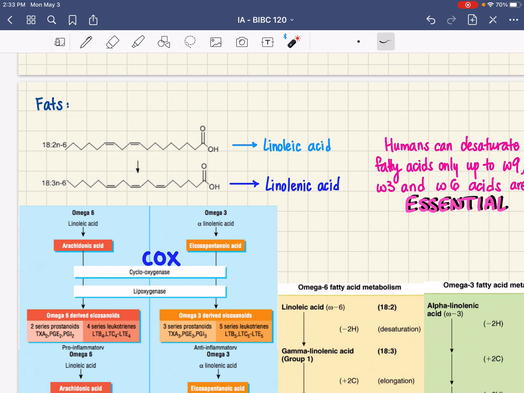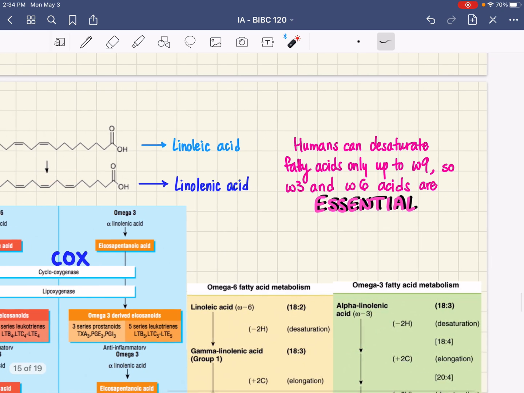And there are 2 essential fatty acids that the human organism cannot make, and those 2 essentials are linoleic acid, which has 2 unsaturations, and linolenic acid, which has 3 unsaturations.